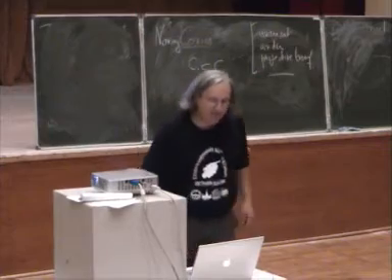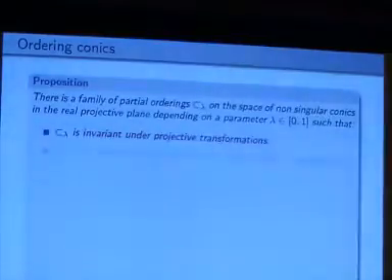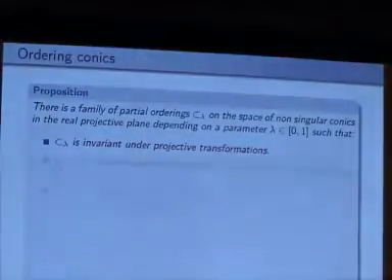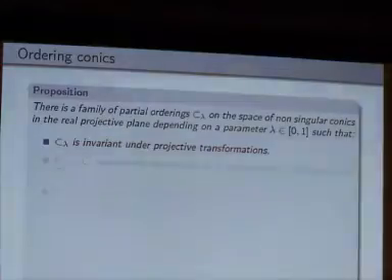There is a family of partial orderings denoted by contained sub lambda on the space of non-singular conics in the real projective plane, depending on the parameter lambda from 0 to 1, with the following properties.